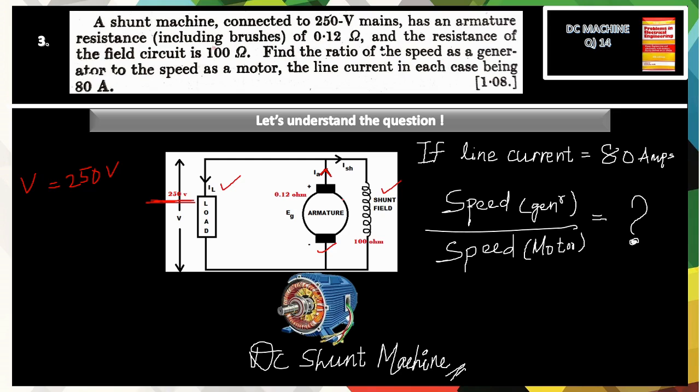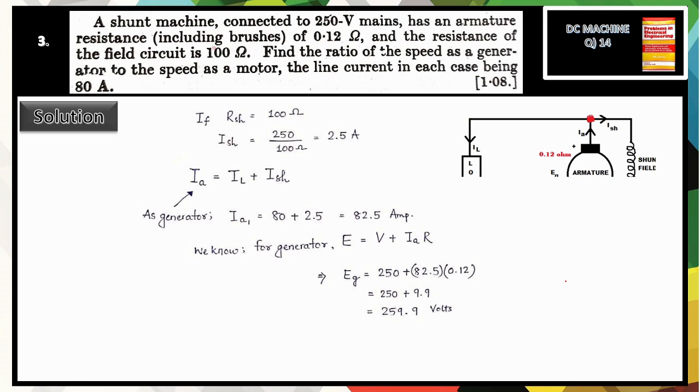So in generator this is the circuit and it has given 100 ohm as the shunt field and 0.12 ohm as the armature resistances. So it is saying if line current is 80 ampere, what is the ratio of the speed as generator to the motor? So we have to calculate speed separately for generator and motor. So let's move forward.